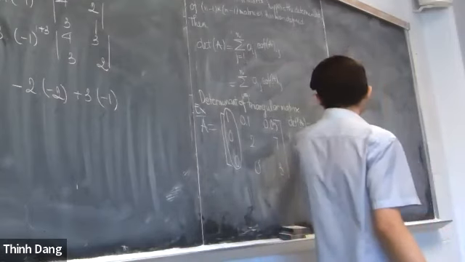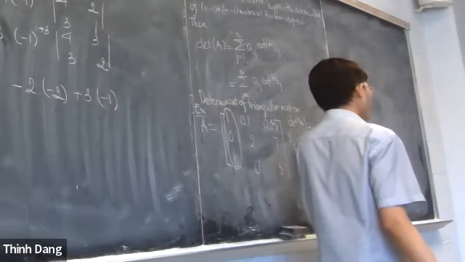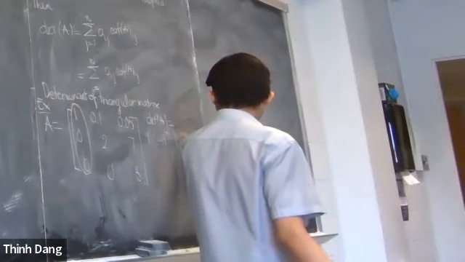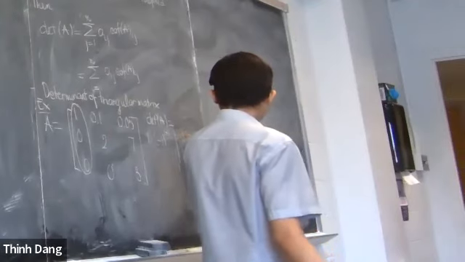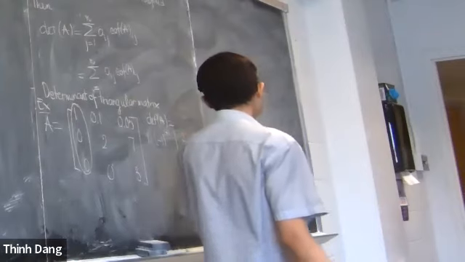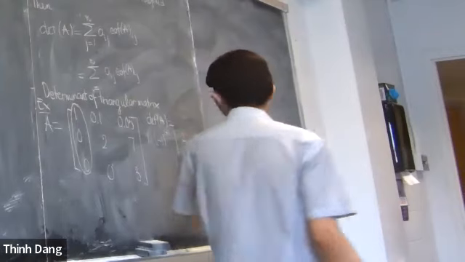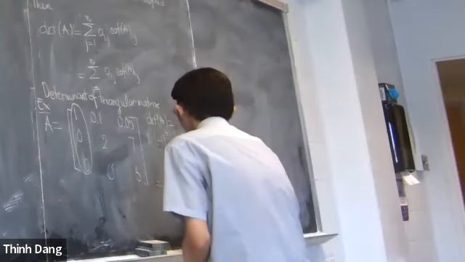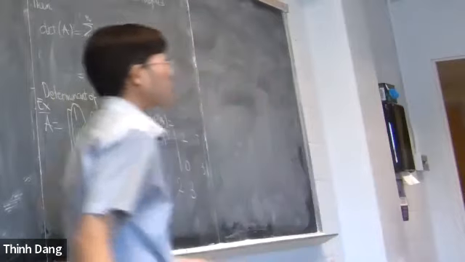So (-1) to the power of 1 plus 1 is actually 1, ignore that. And the determinant of this matrix is 2 times 3 minus 0 times 7, and 0 times 7 is 0. So actually, it should be 1 times 2 times 3.